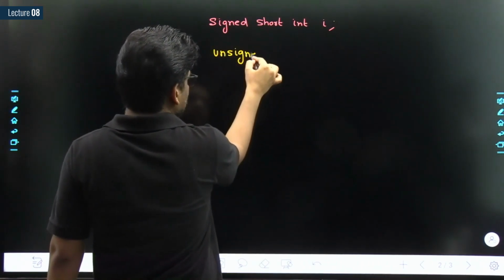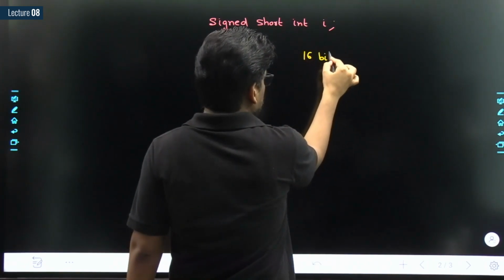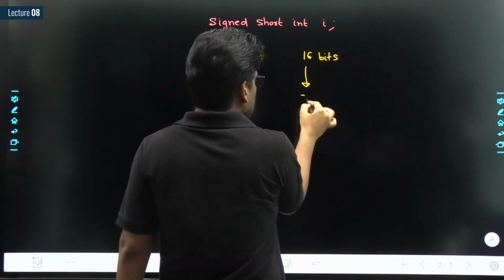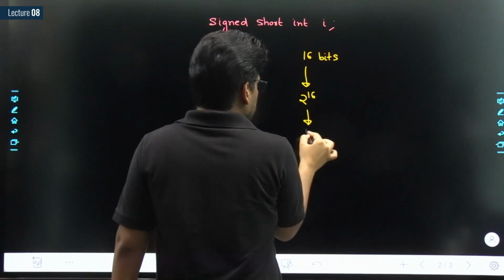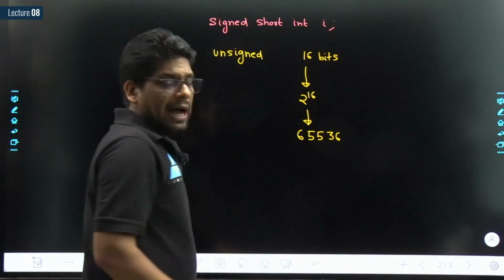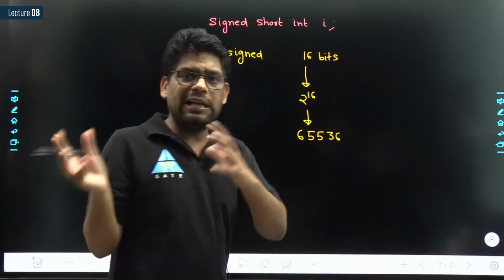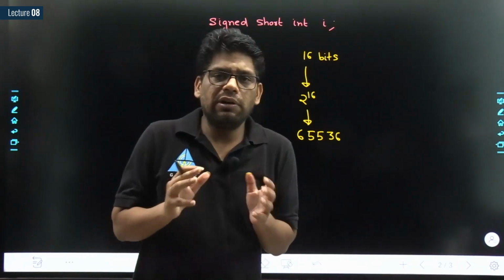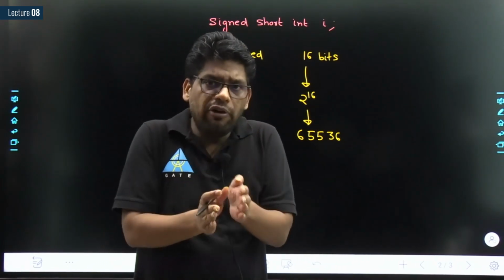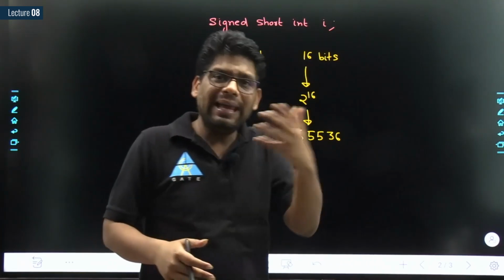When we have unsigned short, then within 16 bits, total possible values are 2 to the power 16, which is 65536. Now, I need to divide this total possible values into positive as well as negative. That means we will distribute half of these values in positive and half of them in negative.